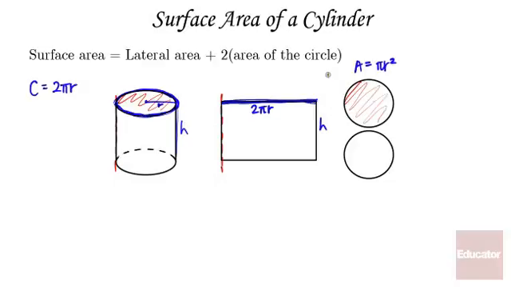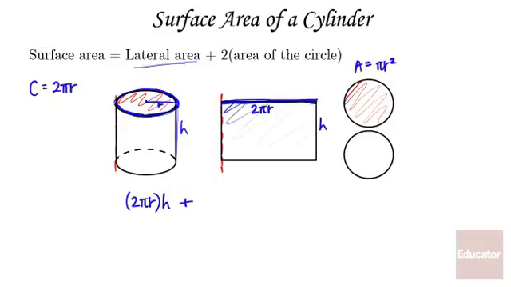So surface area will be the lateral area. Lateral area is this times this, so it's circumference times the height, or I can just say 2 pi r times h. That's going to give me the lateral area.